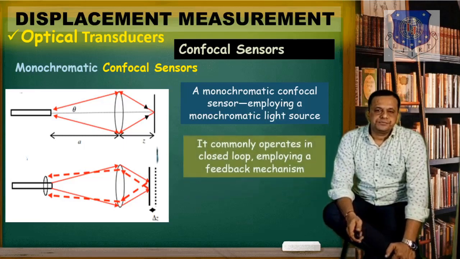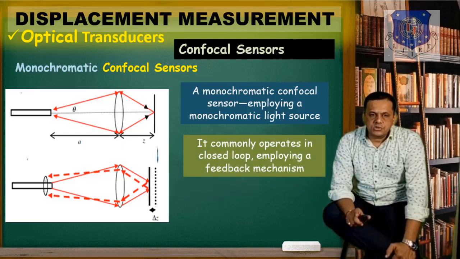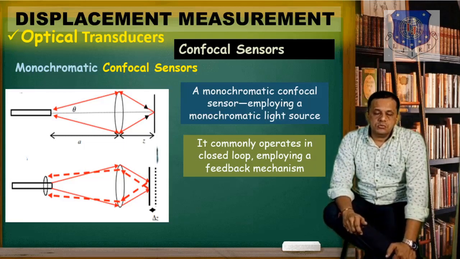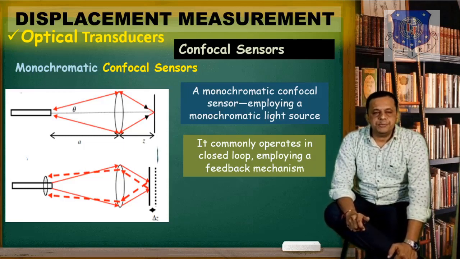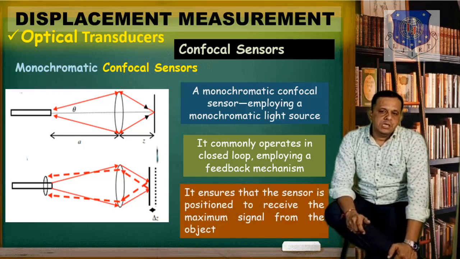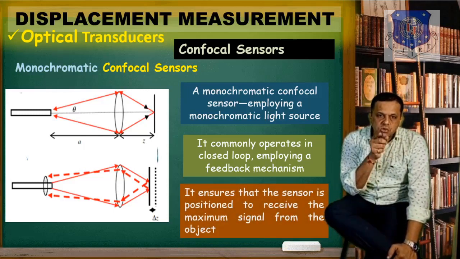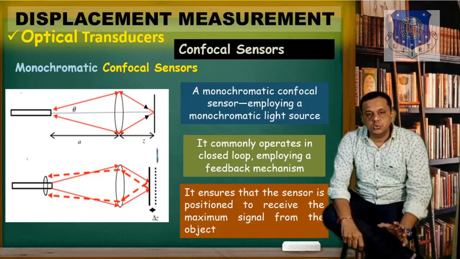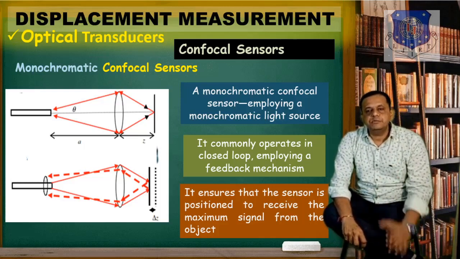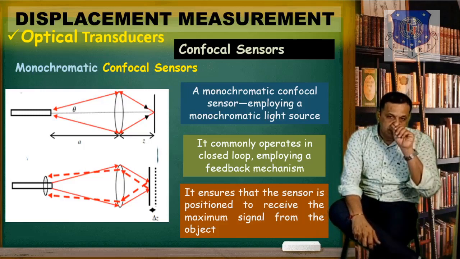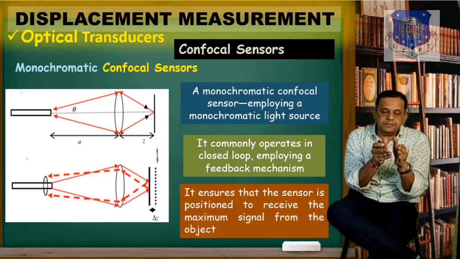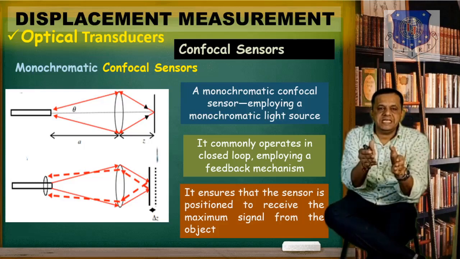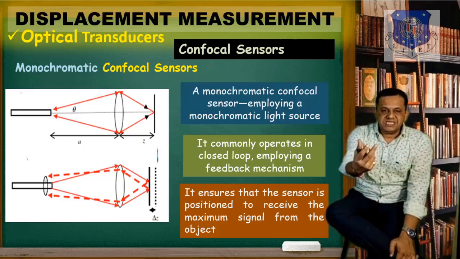It is operated in a closed loop employing a feedback mechanism, so very sharp measurement can be done, and it ensures the sensor is positioned to receive the maximum signal from the object. So you have to keep the aperture emitting light in such a way that the maximum signal is received.